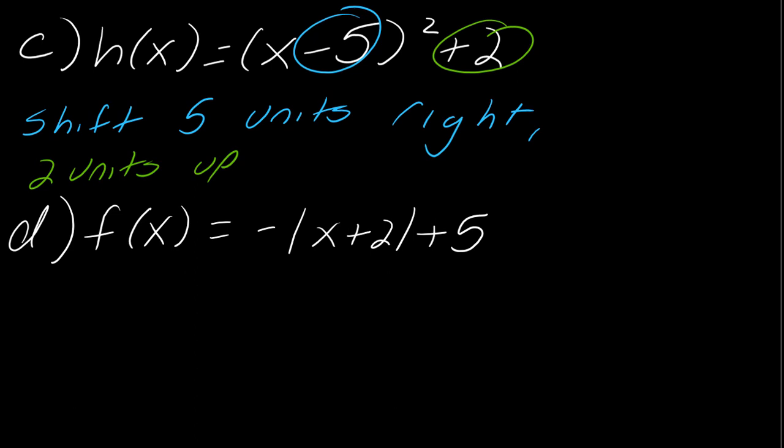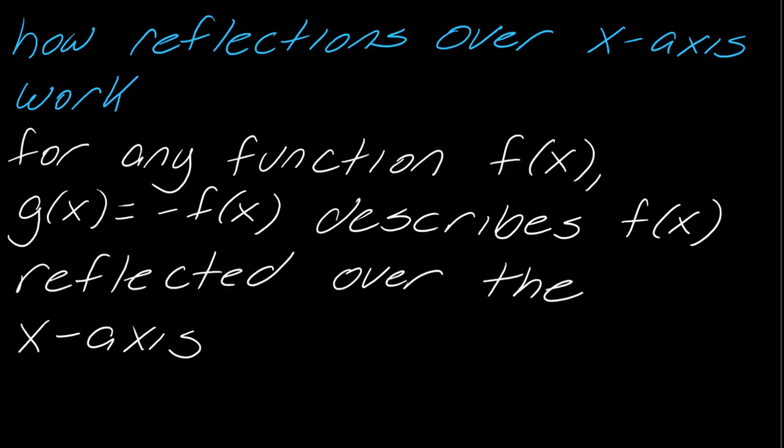Okay, so now what we're going to do is incorporate what happens when I have a negative here. Just to review, when we have that negative, that describes a reflection.